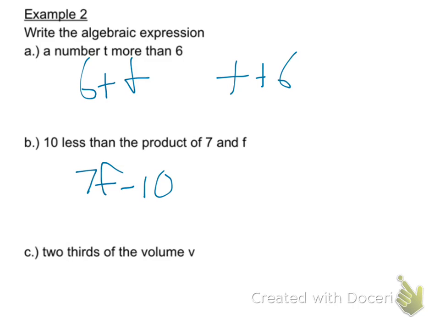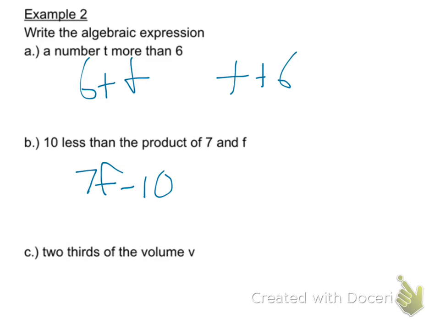If I say that I am 7 less than something, or 10 less than something, you need to know what that something is first. And in this case, that something happens to be 7f. And then I could take 10. A lot of people like to put 10 minus 7f. But be careful on the way it's worded.